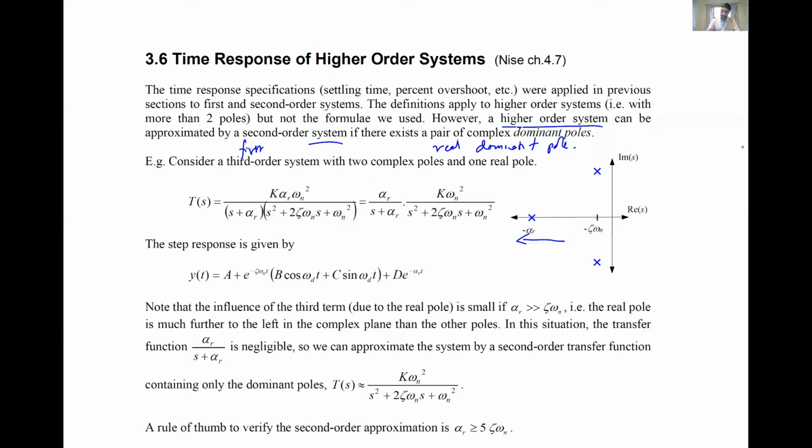In other words, if a pole or a pair of poles is closer to the imaginary axis, the response of this pair of poles is going to be slower.